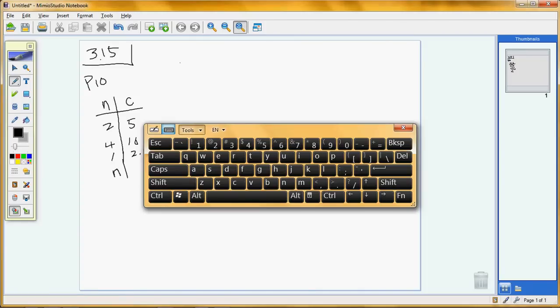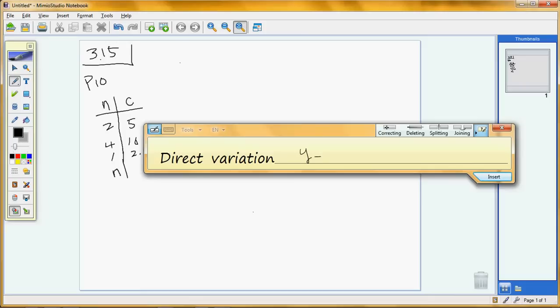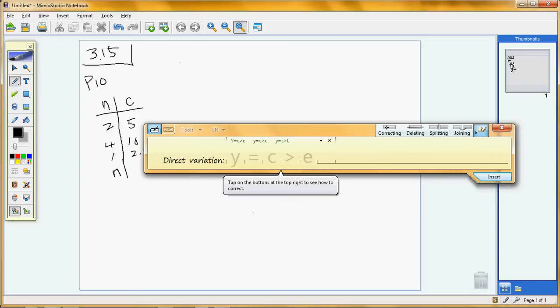Okay, so for direct variation, if the relationship is y equals c times x, we call it direct variation.